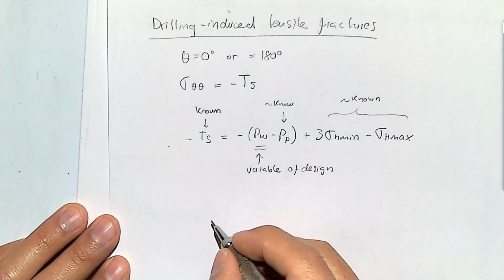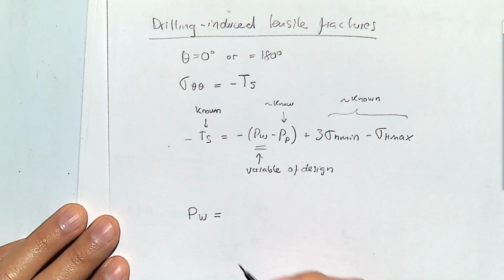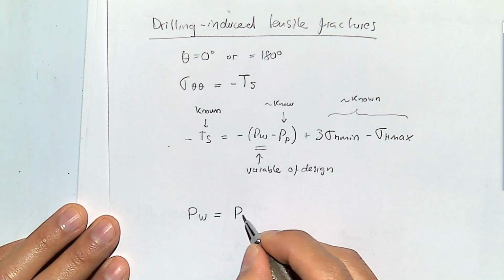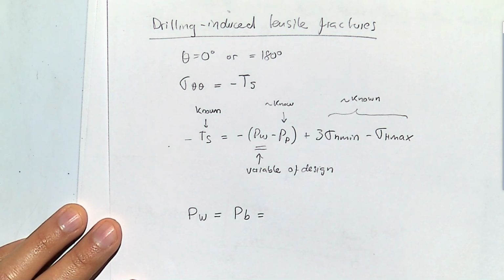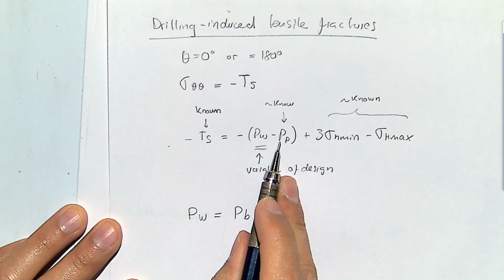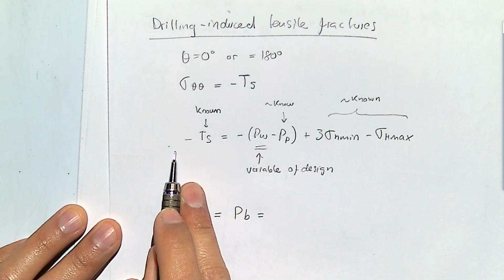And that pressure, we're going to call it PV, and I'll tell you why it's called PV just in a sec. And when I move PV, it's negative, so it's going to go positive on this side.